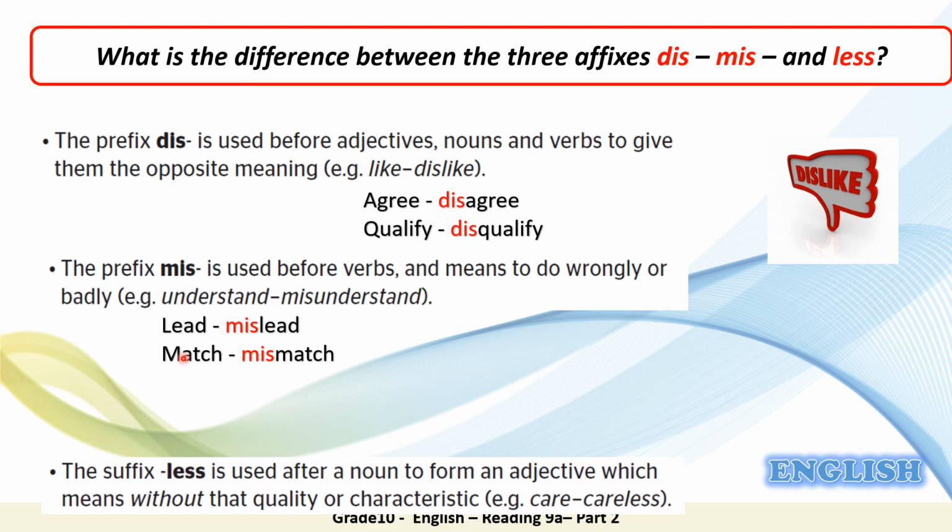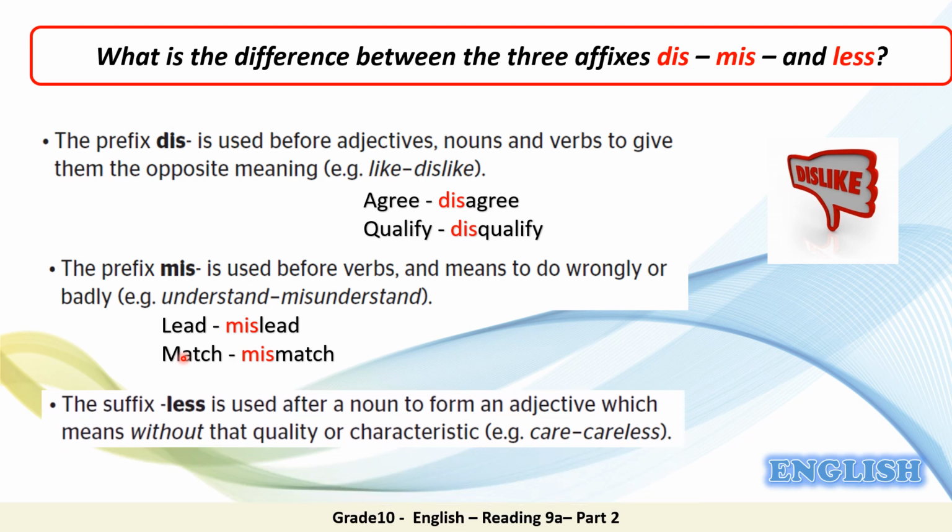As for the third suffix, less, it is used after a noun to form an adjective. So it doesn't change the word class here, but it changes the form to give a negative meaning.